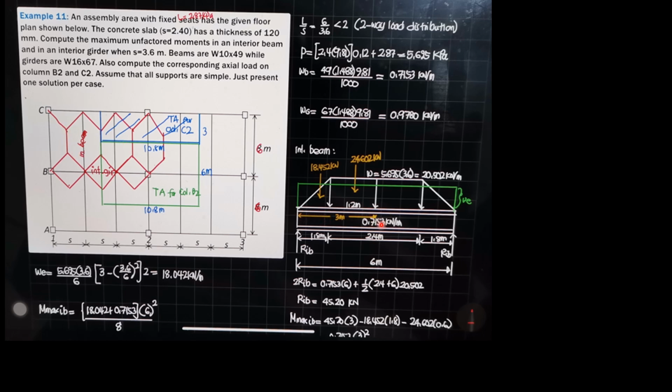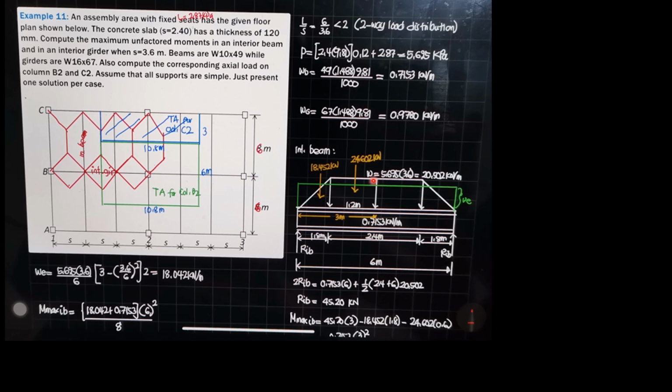Aside from the uniform weight of the beam, which is 0.7153 kilonewton per meter. So the length is 6, then half of S, half of 3.6, 1.8, 1.8, 6 minus 2 times 1.8, 2.4 meters. So the width here is 2.4 meters.